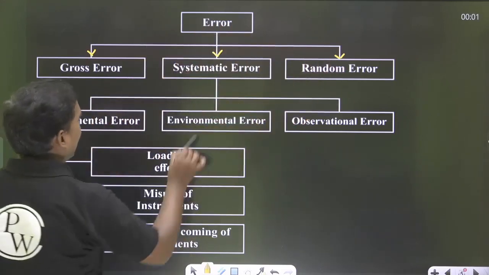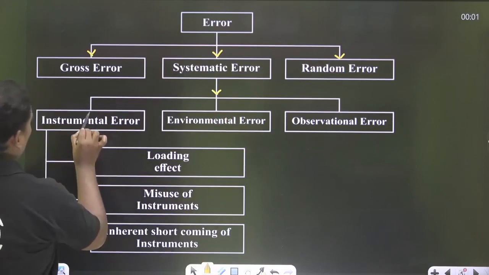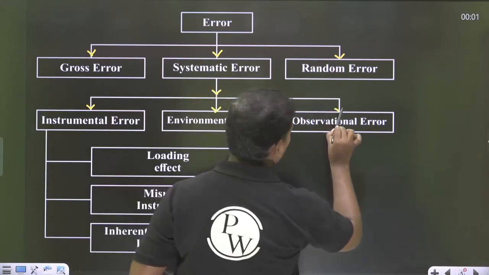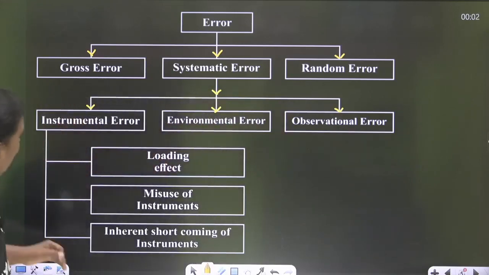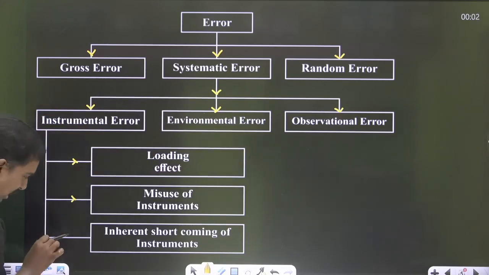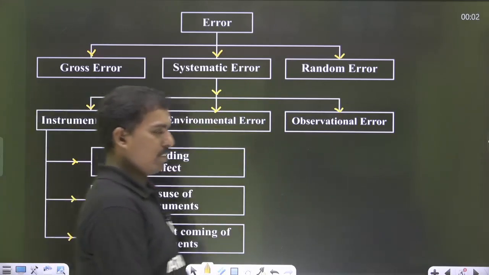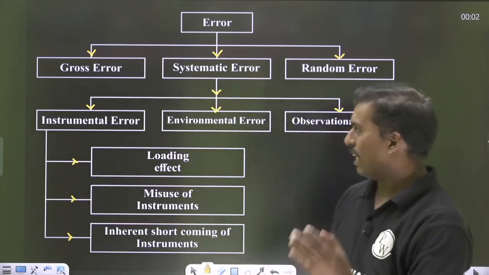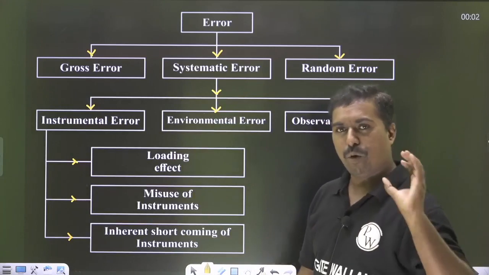Systematic error is again classified into 3 categories: instrumental errors, environmental errors, observational errors. Instrumental errors are again classified into three things: loading effect related, misuse of instruments, and inherent shortcomings of instrument. I will explain one by one in brief.